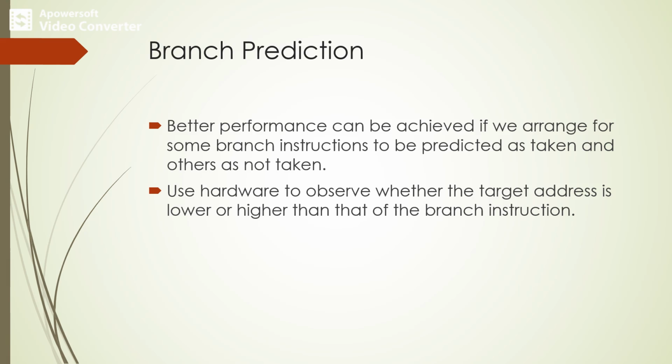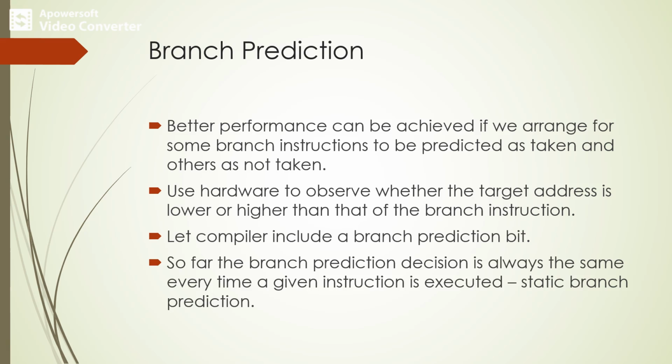Use hardware to observe whether the target address is lower or higher than that of the branch instruction. Let the compiler include a branch prediction bit. So far, the branch prediction decision is always the same every time a given instruction is executed. That is called static branch prediction.